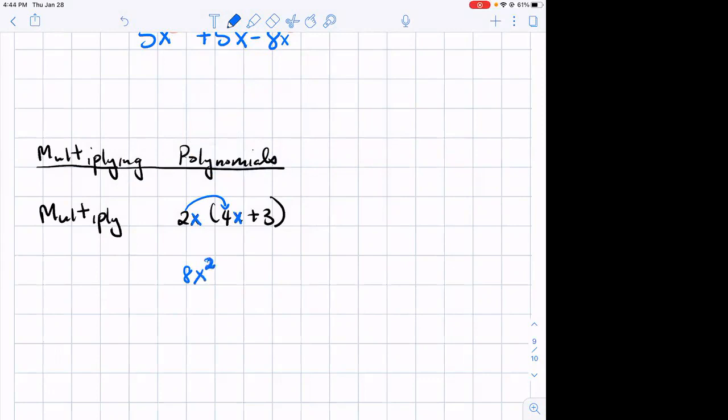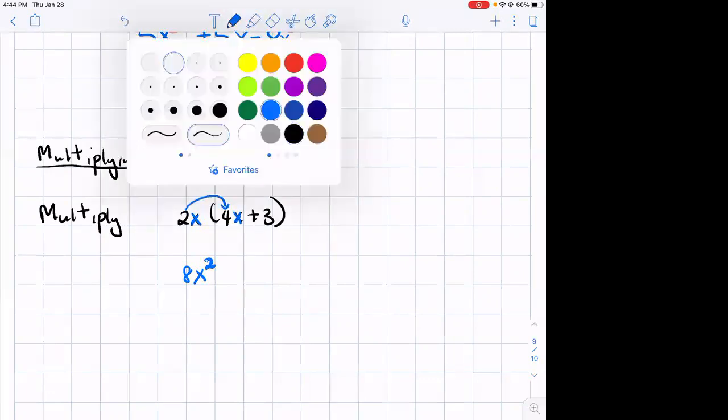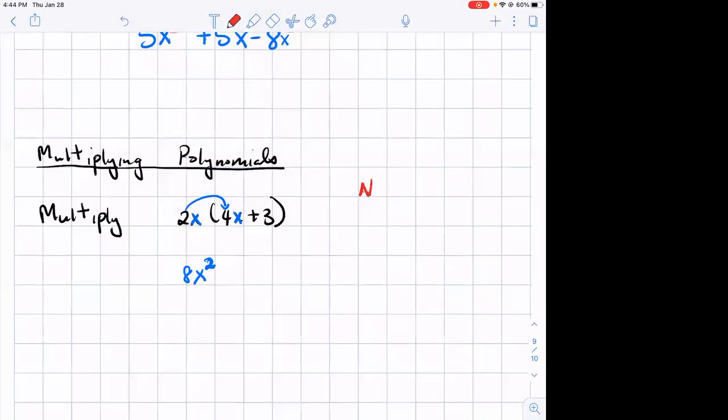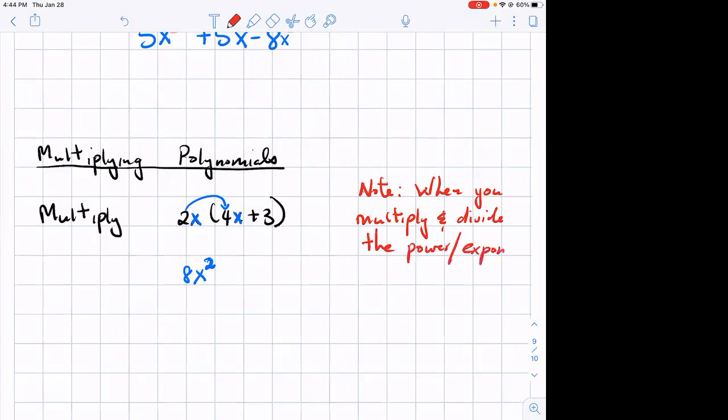So whenever you're multiplying and dividing, a little note here: when you multiply and divide, the power, or exponent, will change.